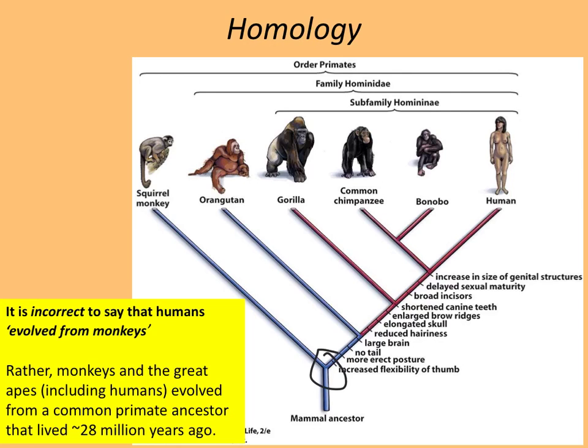So I mentioned that chimpanzees have what's called a promiscuous mating system. There's an alpha male, but he doesn't restrict access to the females. He just gets first dibs.